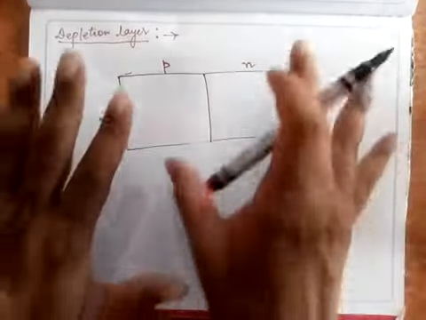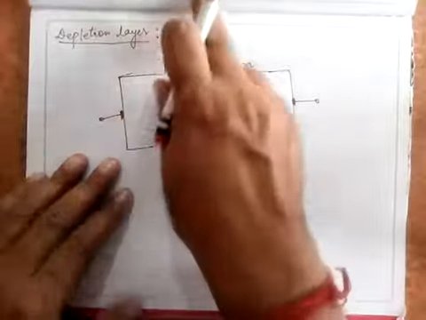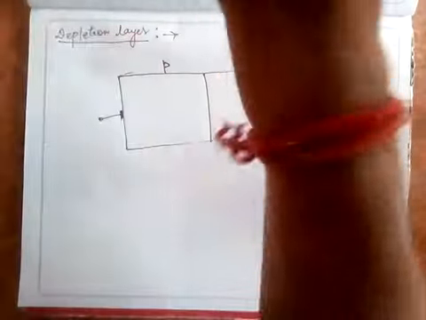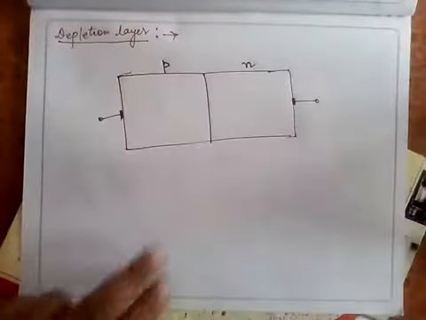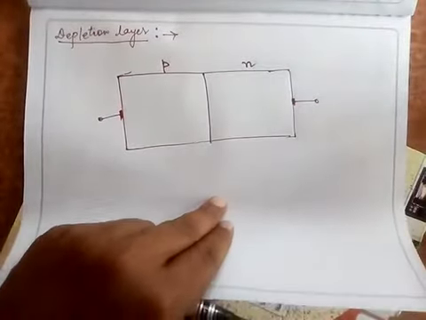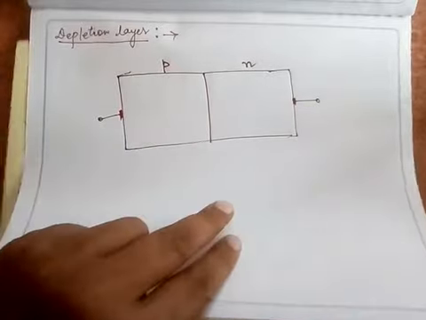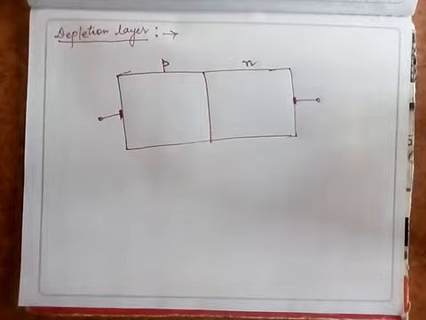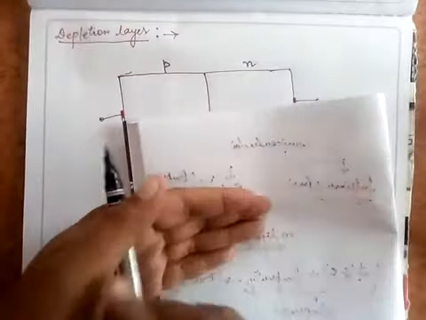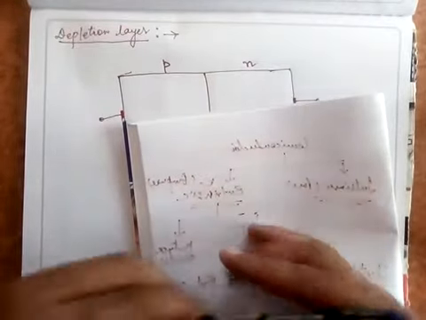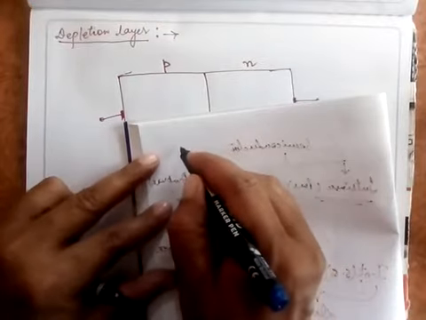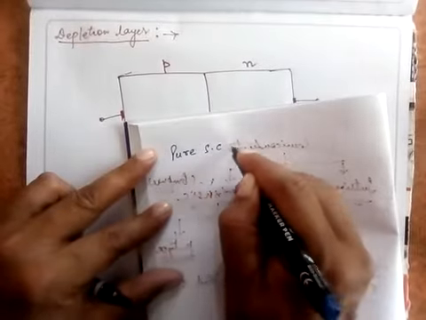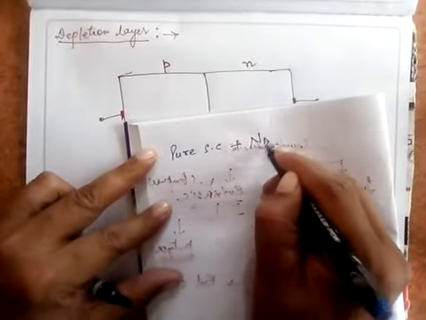When this comes out of the factory, what happens? Remember that the P layer is formed by doping the semiconductor with an acceptor type impurity, and the N layer is formed by doping the semiconductor with a donor type impurity. So see how N type is formed. You have germanium, a pure semiconductor, and you add a donor impurity here.